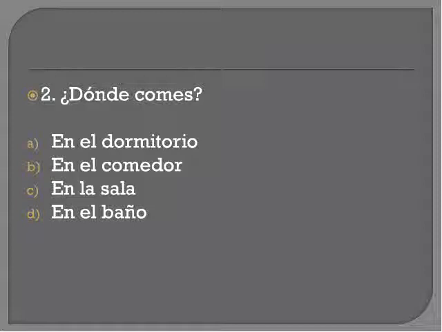Where, like, okay, I know that it can happen in different places, hopefully not these, because that's gross, but where would people normally sit down and eat? En el dormitorio, el comedor, la sala o el baño. Dining room. Sorry, B. Comedor, yes. Okay.